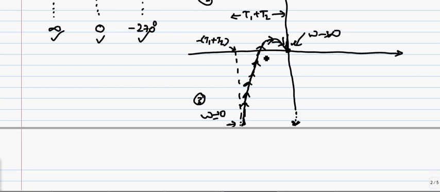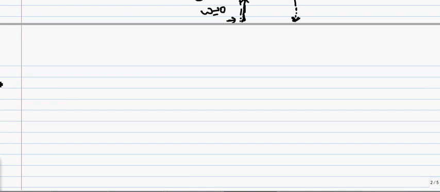Now we want to find out what is the magnitude of this particular thing. Before that, we need to know what is omega at this point. Omega equals question mark. Now let's find out this omega. We write omega at minus 180 degrees.